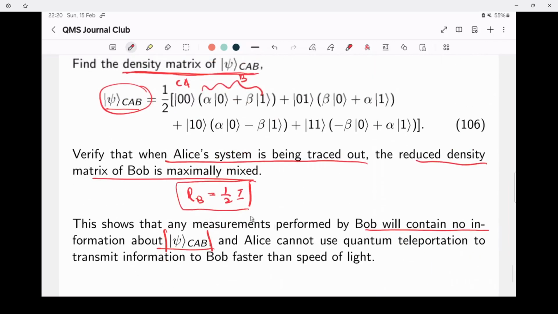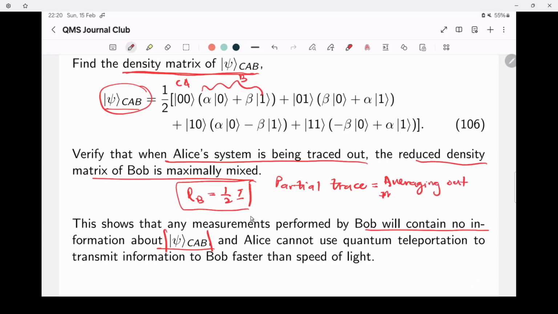What else should I say? So in the end, physically, what is partial trace? You can consider it as averaging out the contribution of some subsystem over the other.